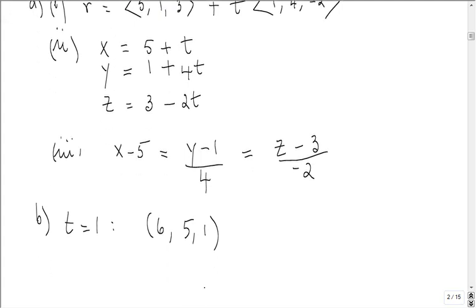Shall we take, say, t equals 2? Anything would work except 0, because you have the 0 already. t equals 2 gives us 7, 2 4s are 8 and 1 is 9, 3 minus 4 is negative 1. Okay, so that's the first one. Any questions on that? Okay.